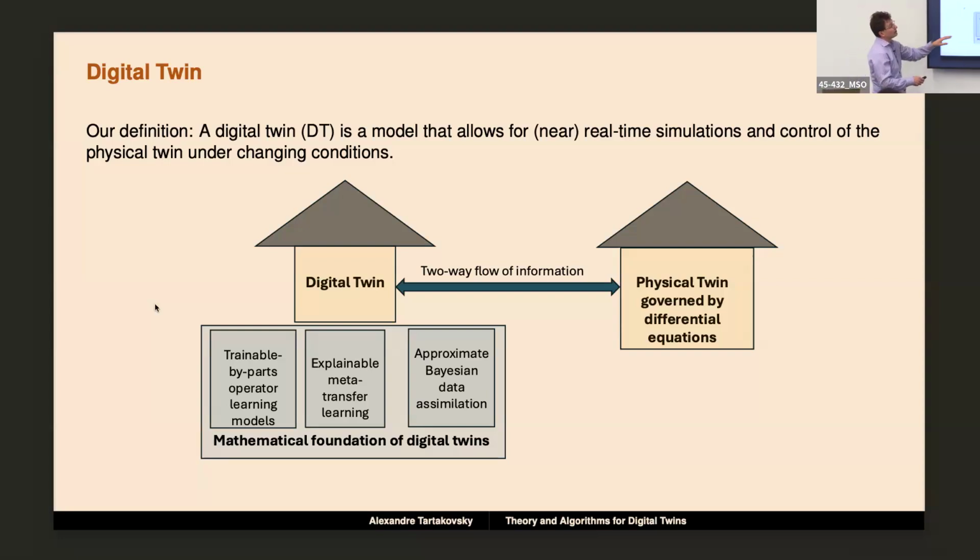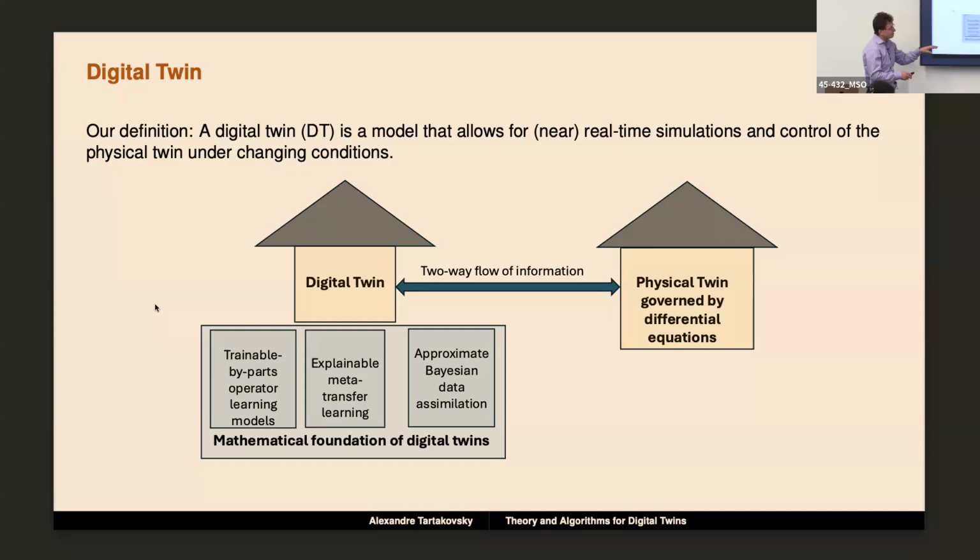And then to enable the two-way flow of information and also to quantify uncertainty in the digital twin, we are interested in Bayesian data assimilation. We propose some fast approximate methods to sample Bayesian posteriors.